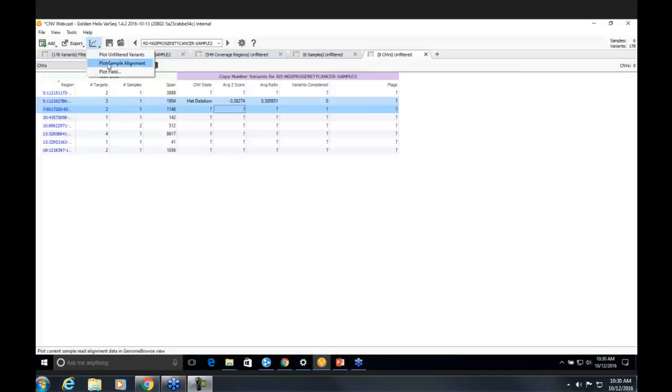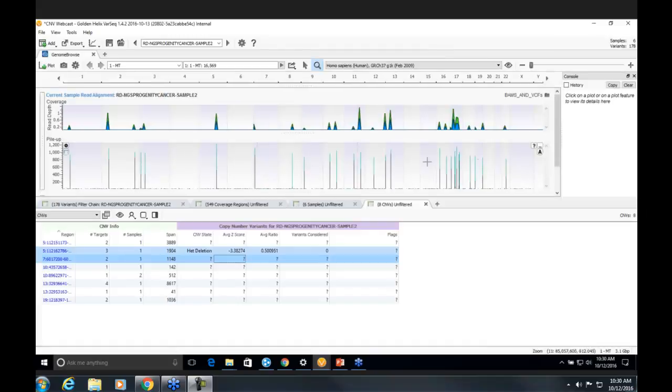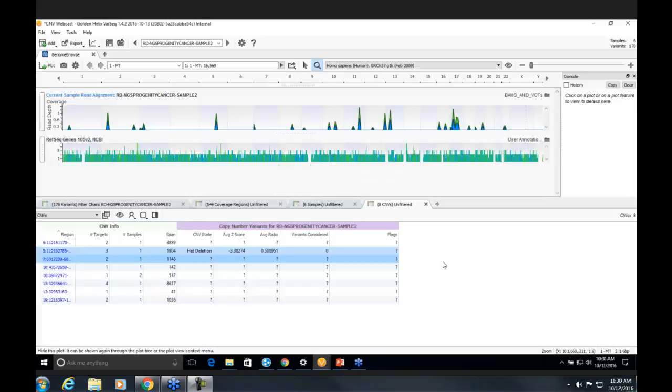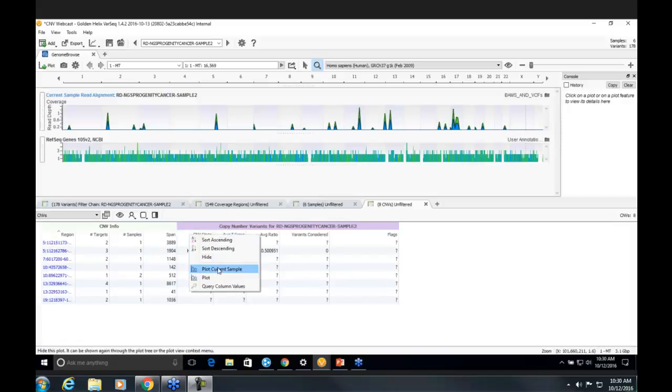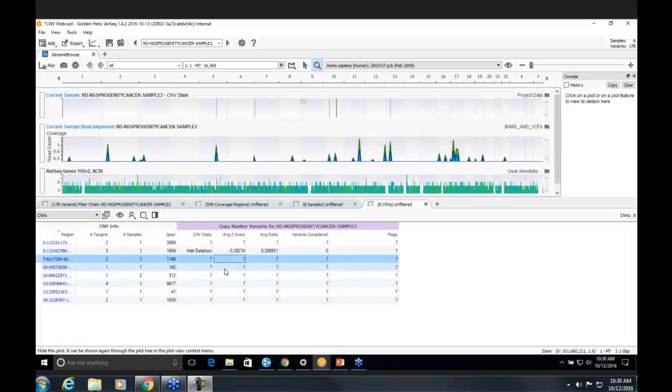So first we'll go ahead and plot our coverage information. We can go ahead and hide this. And the next thing that we're going to do is we can go ahead and plot our CNVs. So we can right-click here and plot the CNV state for our current sample. And we'll see all of our CNV calls showing up.